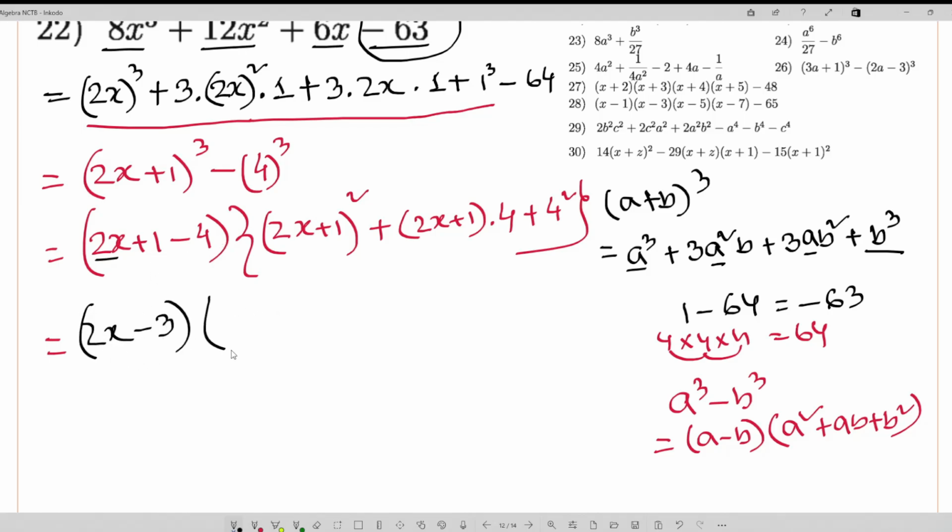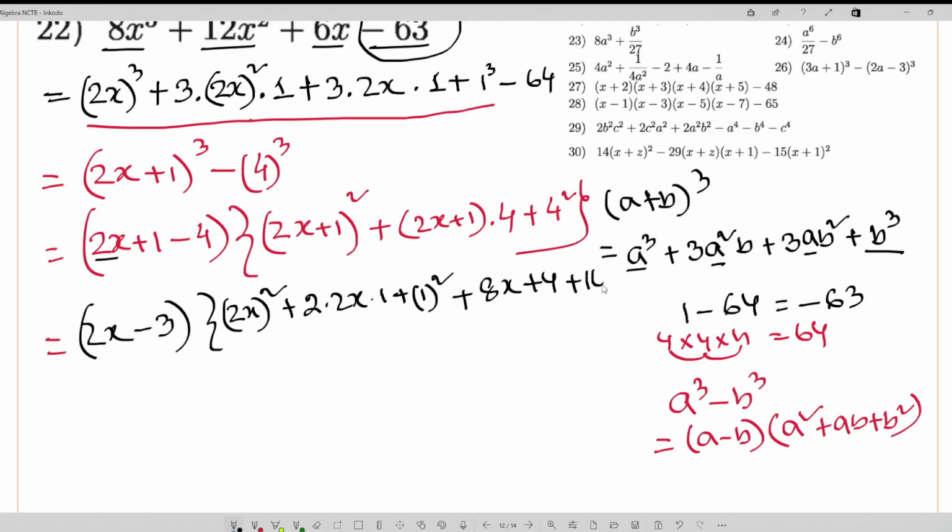Okay, then (2x plus 1) we can convert using the (a plus b) whole square formula. So (2x) square plus 2ab, 2 times 2x times 1, plus 1 square, plus here is 8x, right? 2x times 4 is 8x, then plus 4, plus 4 square means 16.